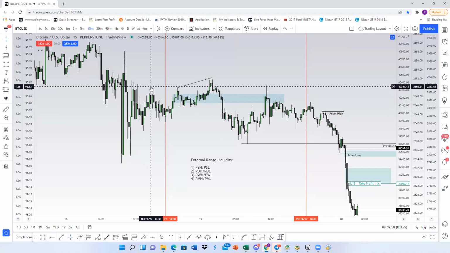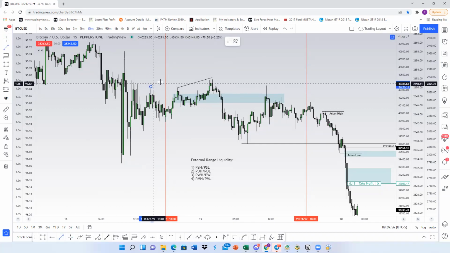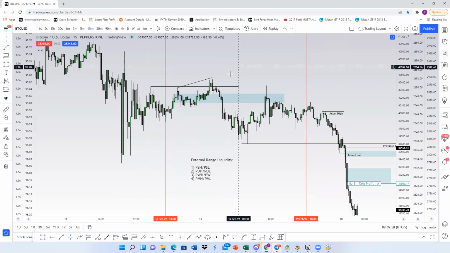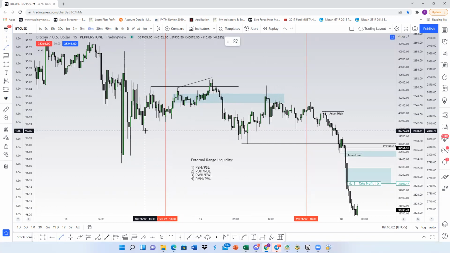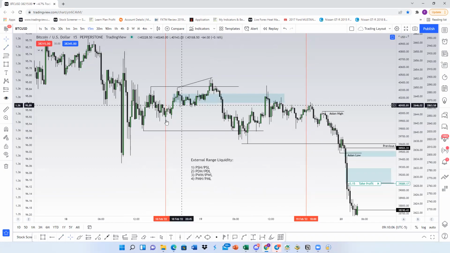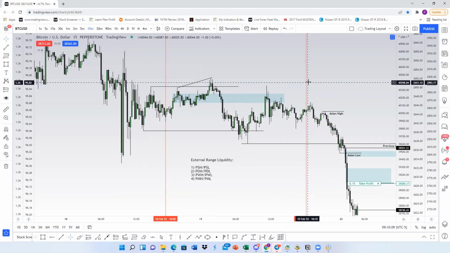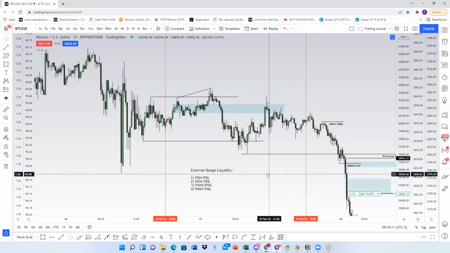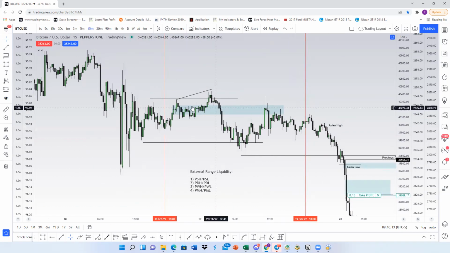We have a high taken out over here. Now stay with me. This is an important high, the PM trend high. We take it out, that's a buy side raid. So yesterday during the stream, what did we have? We had a sell side raid. So what was created as a result? A bearish dealing range, under bearish context.